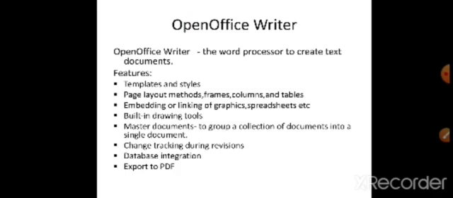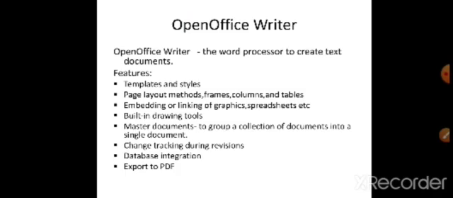It consists of inbuilt drawing tools and master documents, which group a collection of documents into a single document. It has change tracking during revisions, database integration, and export to PDF. Text documents can be exported to PDF.